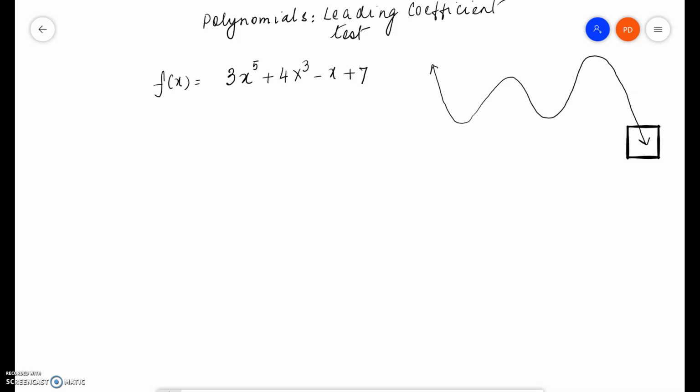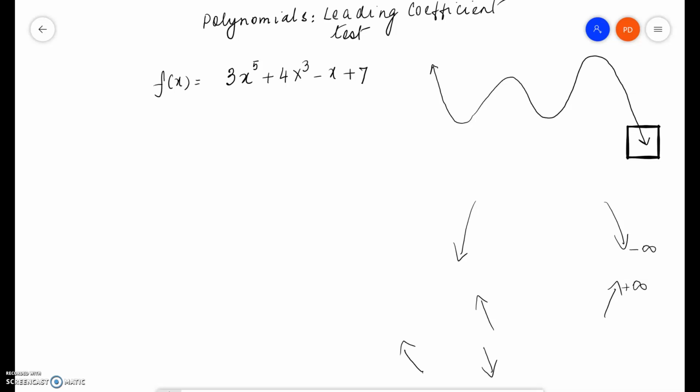So at the ends, it could look like this and this, or this and this, or it could be going down on the right, going up on the left, or the other ways. But it's one or the other. It decreases continuously or increases continuously on either side.